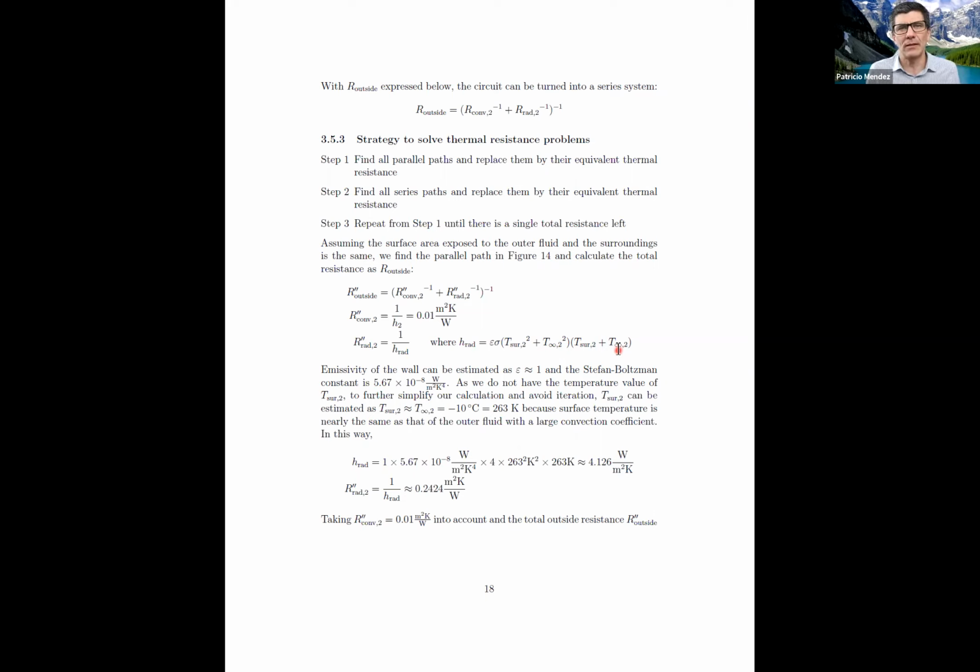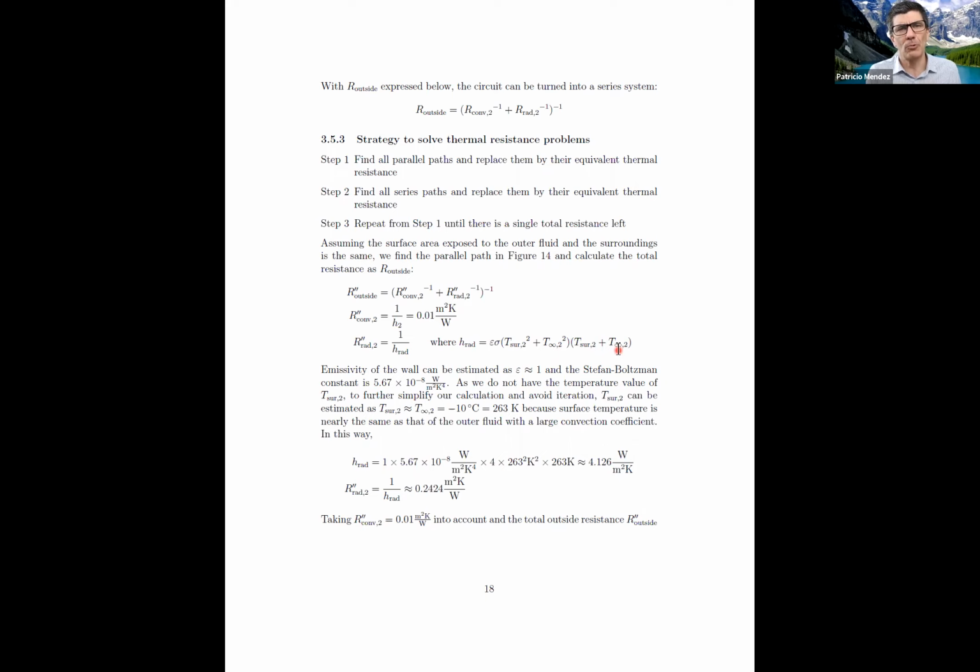So in truth, this would be an iterative problem, but not really. We don't know what this T surface 2 is. But let's start by posing something that is not so bad. I knew that the temperature before was more or less similar to T infinity, right? Because I knew the convection coefficient outside was very intense.